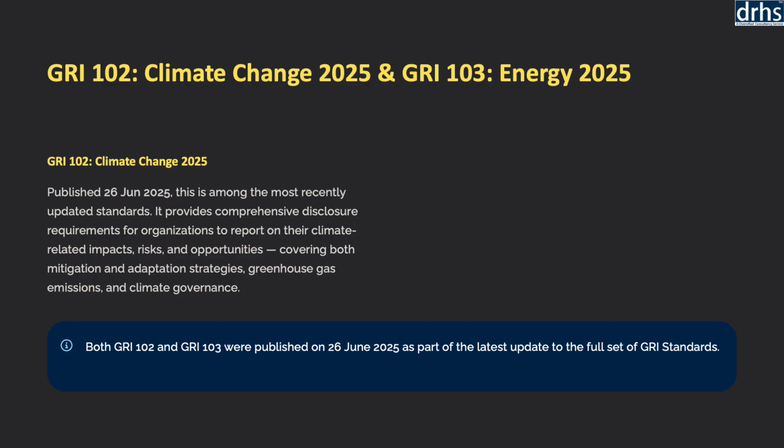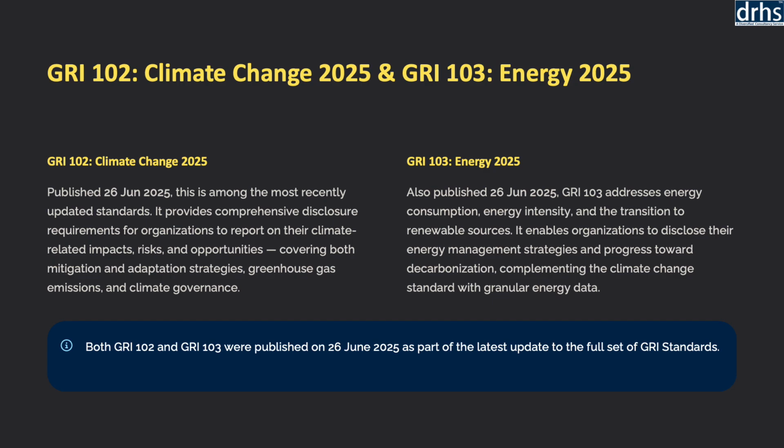Complementing this, GRI 103, Energy 2025 focuses on the efficient management and transformation of energy systems within organizations. It addresses energy consumption patterns, intensity metrics, and reduction initiatives, while encouraging the adoption of renewable energy sources and decarbonization pathways. The inclusion of granular energy data enhances the credibility and comparability of disclosures.